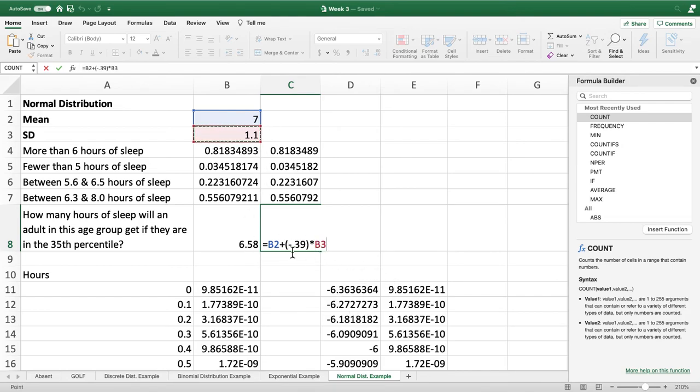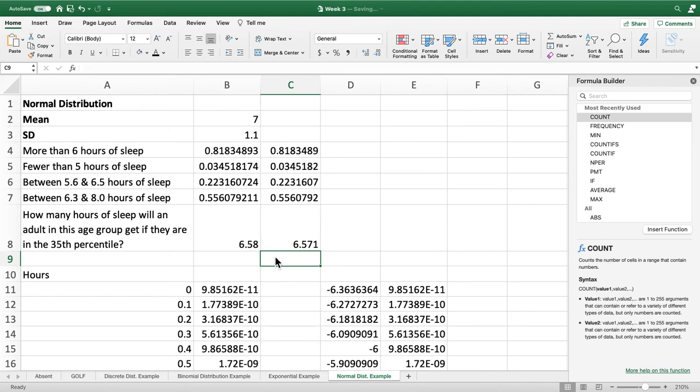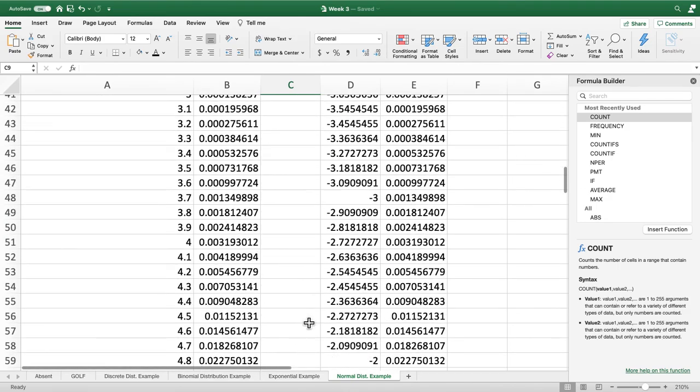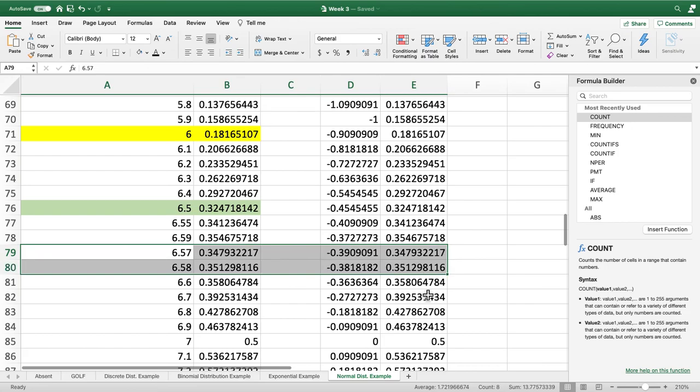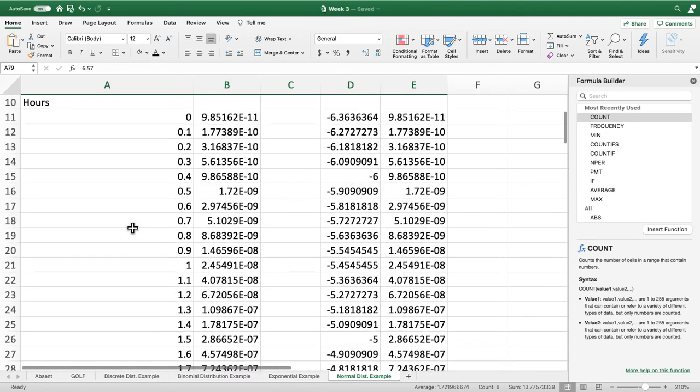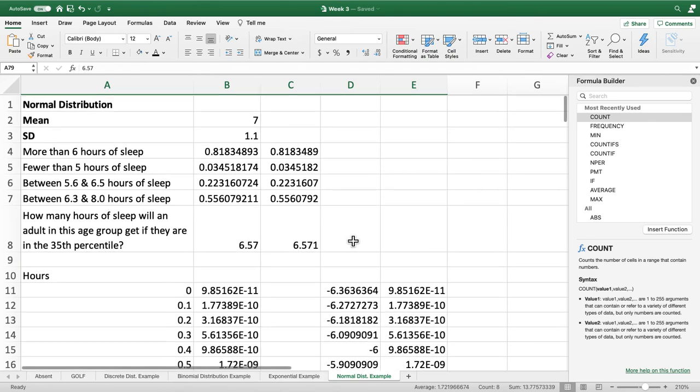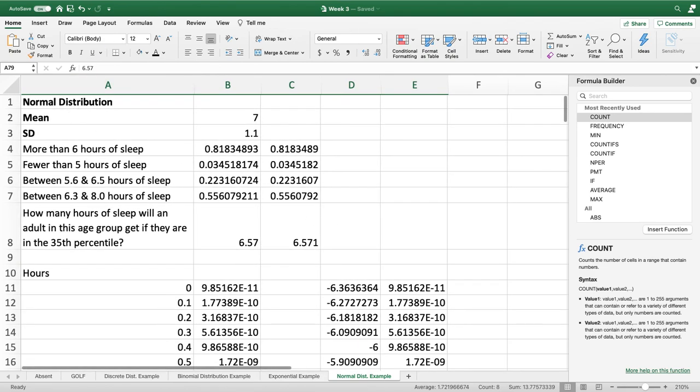And what we should get is something close to 6.58. Let's find out. 6.571. So that's telling us that technically we should have used 6.57 instead of 6.58, but that's okay. If you use this way, I would accept either one if you came down and figured it out this way. And that's how you would answer questions based on a normal distribution.